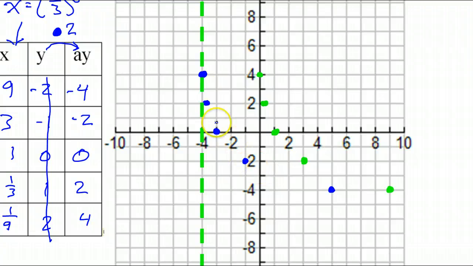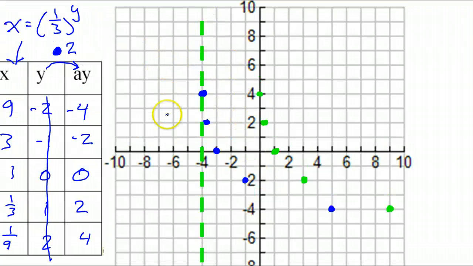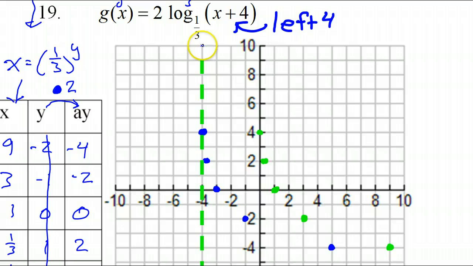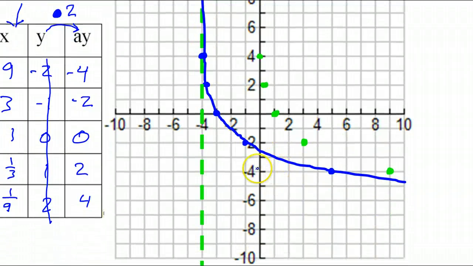Alright, so you can see that the graph is curving upwards toward the asymptote. So I need to start from the edge of the graph, and on this end it's going to appear to trace the asymptote even though we know it never actually touches. Okay, so your graph should look very much like that. Please make sure your graph travels all the way to the edges of your grid. So there's number 19. That's it.